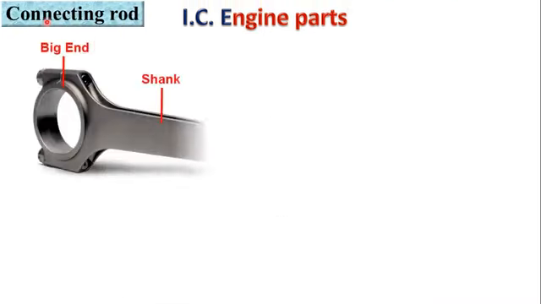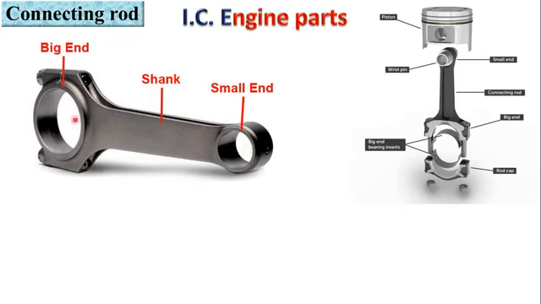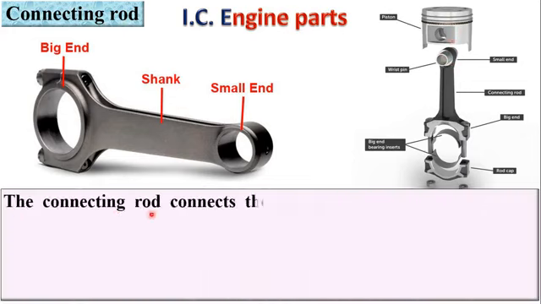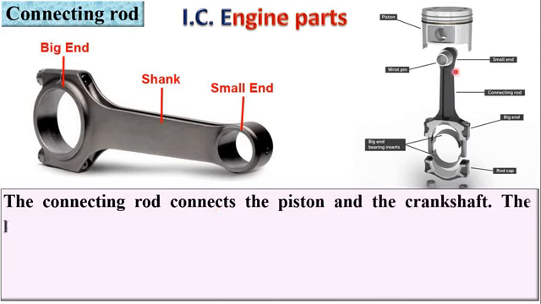Next, connecting rod. This is the image of the connecting rod having two ends, big end and small end, and this portion is called as shank. And here you can see this connecting rod that is connected to the piston at the small end. The connecting rod connects the piston and the crankshaft.